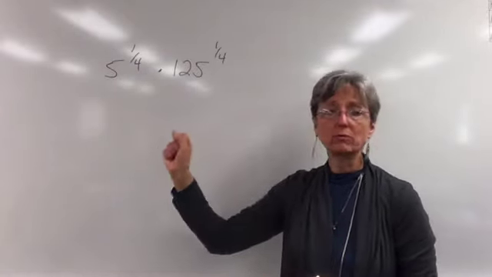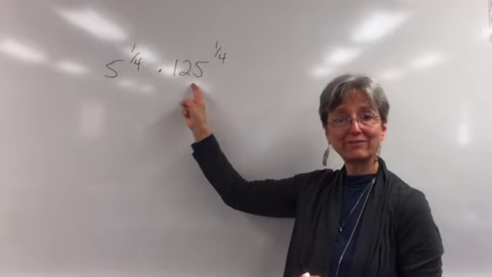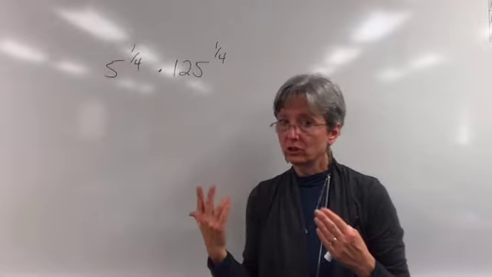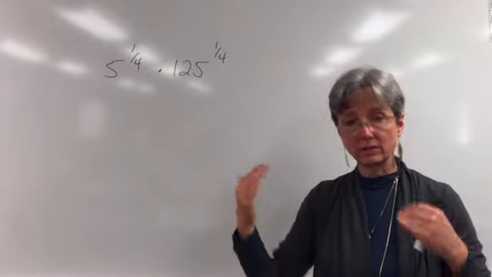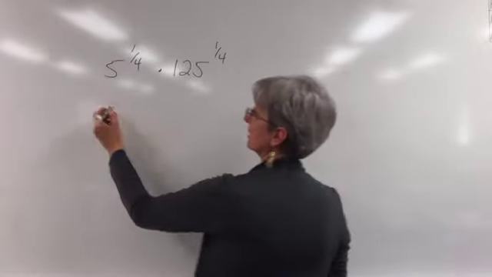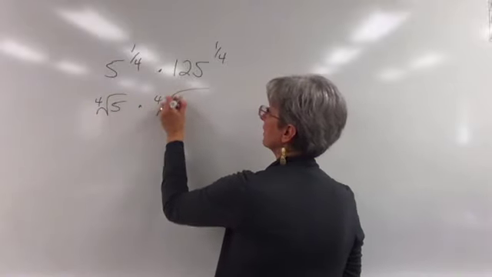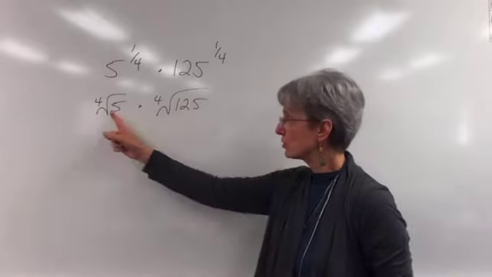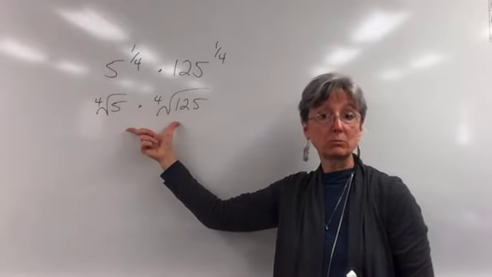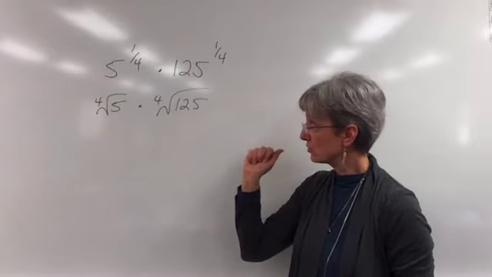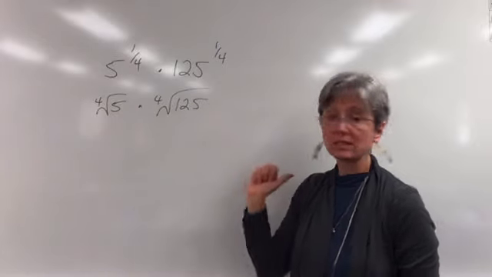Here's another we're asked to simplify: 5 to the power of 1/4 times 125 to the power of 1/4. Just to show you what that would look like as a radical, and then we're going to do it both ways. As a radical, that would be the fourth root of 5 times the fourth root of 125. Since those are both fourth roots, remember we can multiply them, and 5 times 125 is 625.